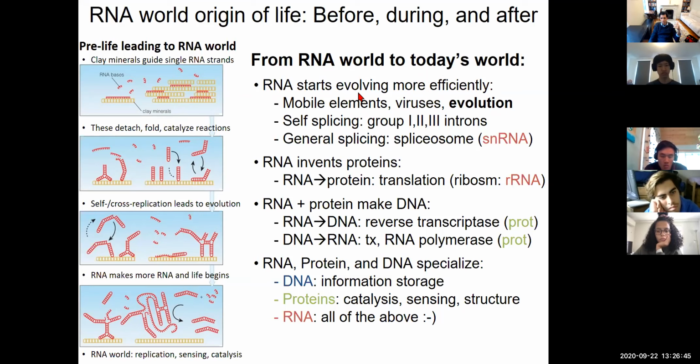So again, you don't have to think of a cell as it is today for evolution to occur. You can have some other forms of compartmentalization. These are thought to occur from, for example, bubbles in geological formations that undergo evaporation in shallow seas.